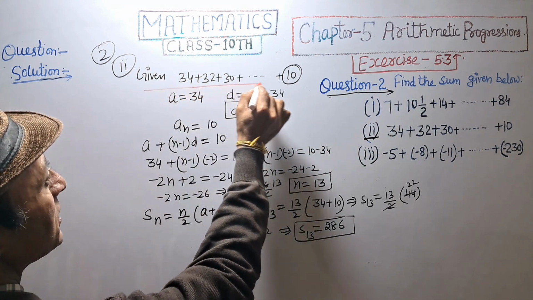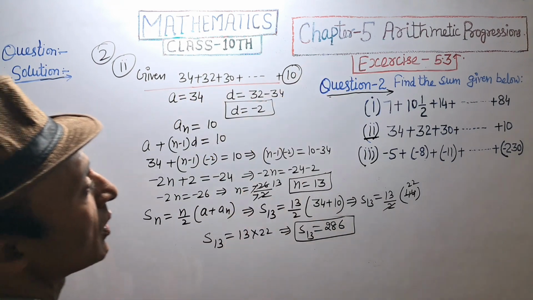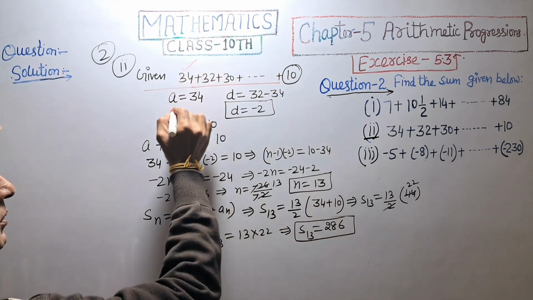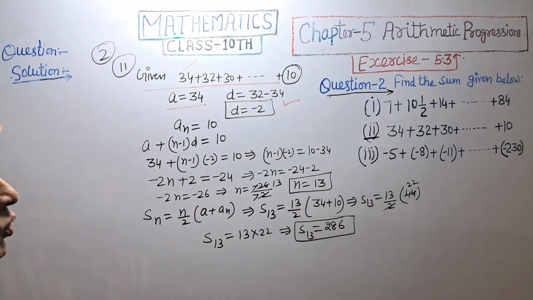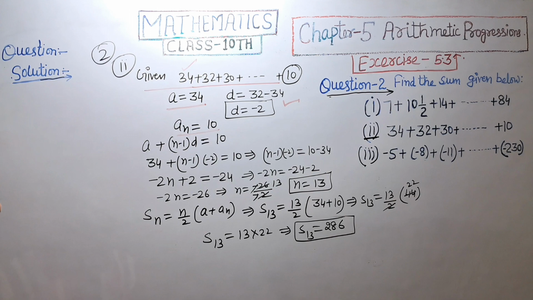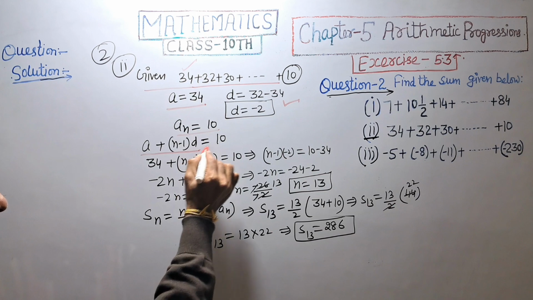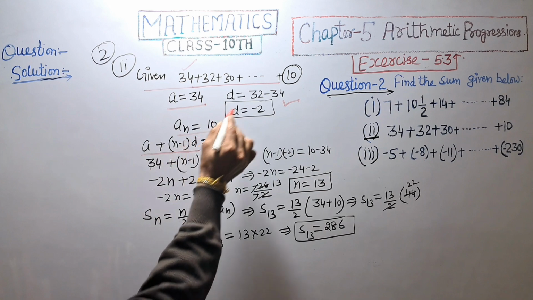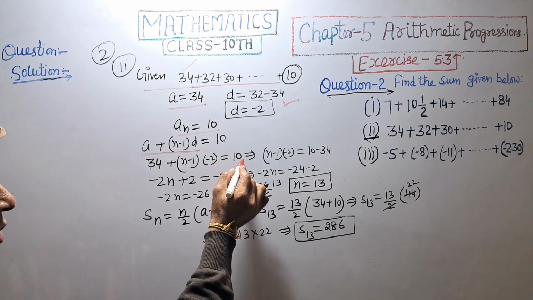Given AP is 34, 32, 30 plus so on 10. That is an. A is first term 34. Common difference is 32 minus 34, that is minus 2. An is equal to last term is 10. An can be written a plus n minus 1 into d is equal to 10. Put a is 34 and d is minus 2 here. 34 plus n minus 1 into minus 2 is equal to 10.